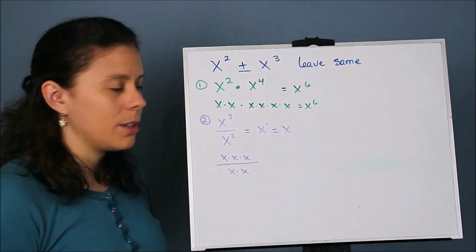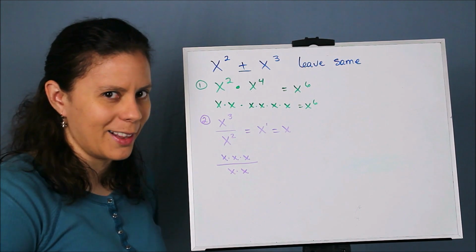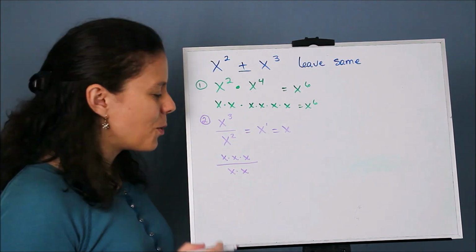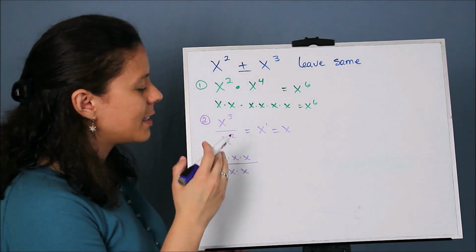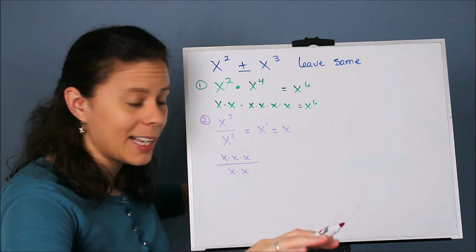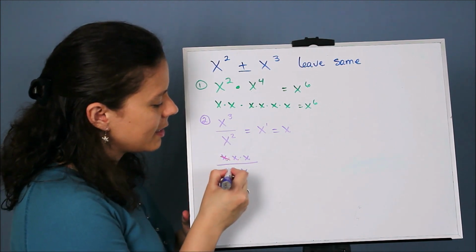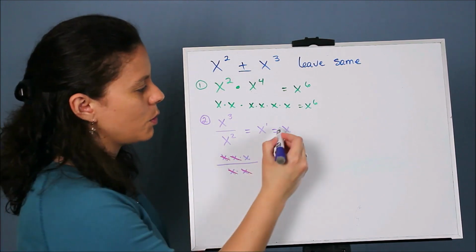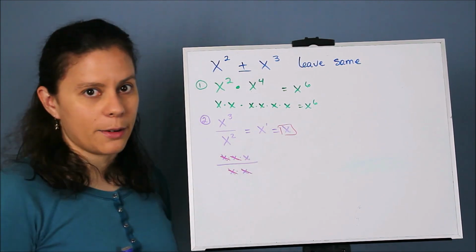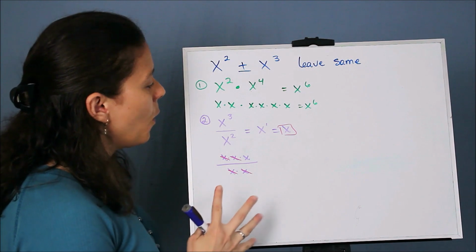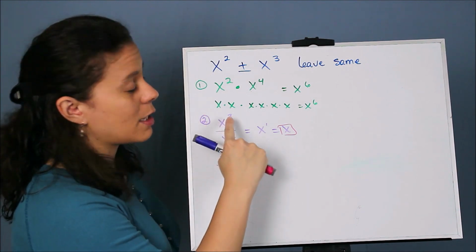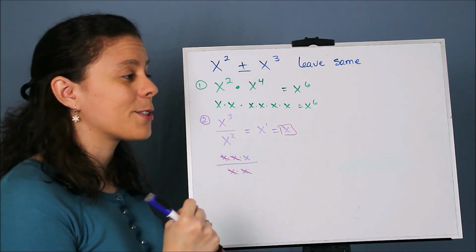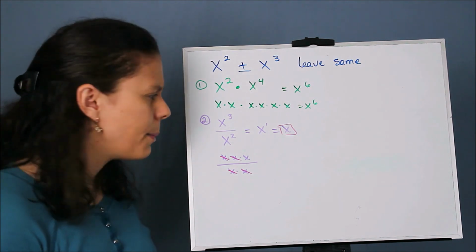This was probably my favorite thing that I learned in high school: if I have it at the top and I have it at the bottom, I get to cancel it out. So this cancels out with that, and that cancels out with that, so I'm just left with x, which is going to be this guy right here. Now, what happens when the exponent in the numerator is smaller than the exponent in the denominator?